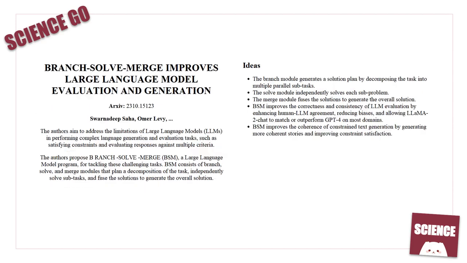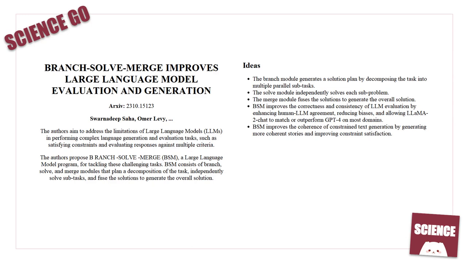This research is significant as it highlights the need for improved security measures for LLMs to prevent the generation of harmful content. The paper Branch-Solve-Merge Improves Large Language Model Evaluation and Generation introduces a new approach called BSM to enhance the capabilities of large language models, LLMs. LLMs are powerful language models, but struggle with complex tasks like generating coherent stories and evaluating responses against multiple criteria.